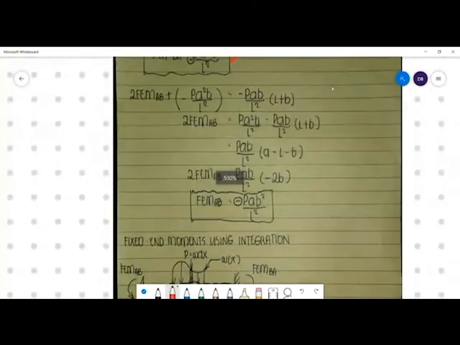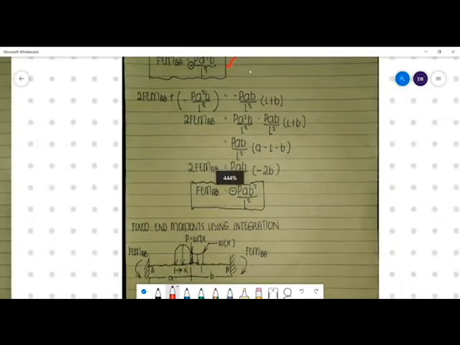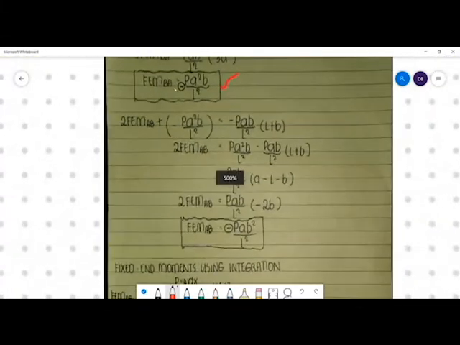Okay, next. Lagay natin yung FEMBA natin on the other equation. 2 FEMAB minus PA squared B over L squared is equal to negative PAB over L squared times L plus B. 2 FEMAB is equal to PA squared B over L squared minus PAB over L squared times L plus B. So we combine both of them again.